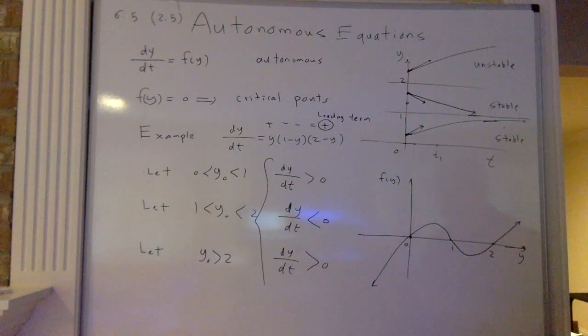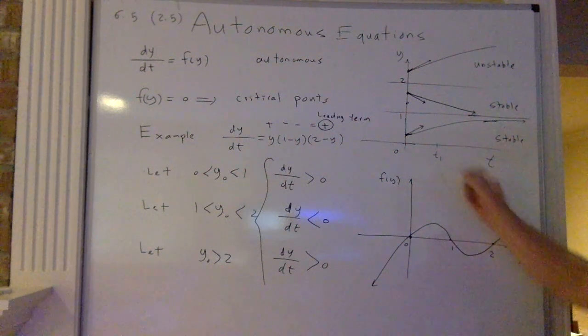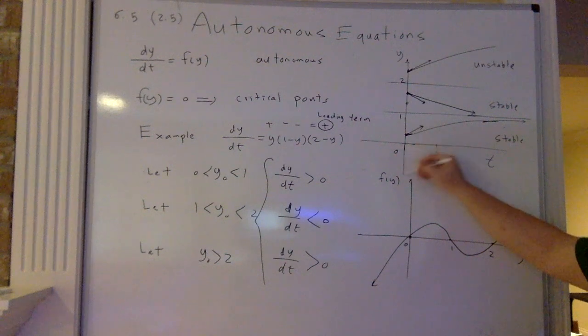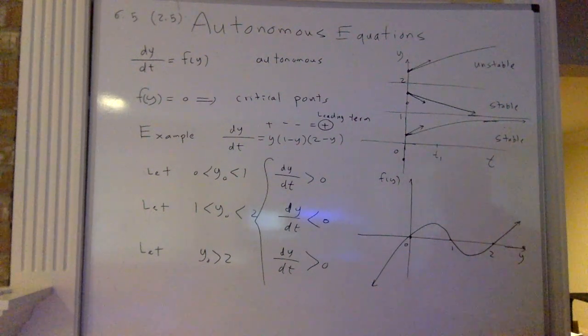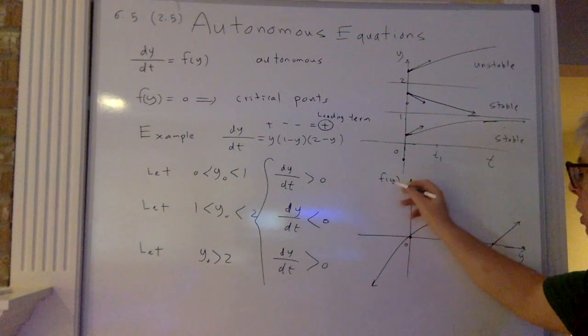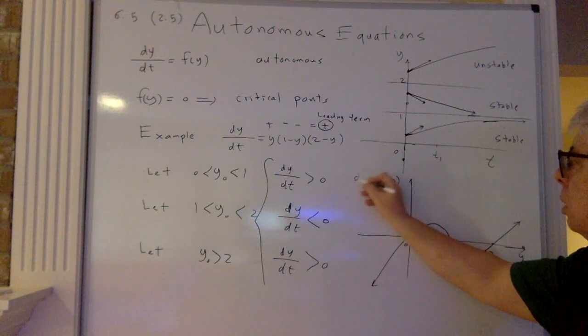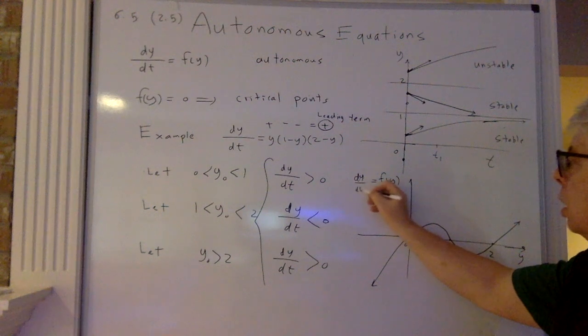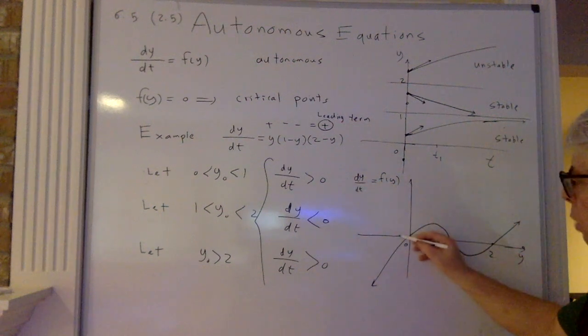So if y0 is below 0, which is somewhere here, then this is in fact dy/dt, right? So dy/dt is negative.